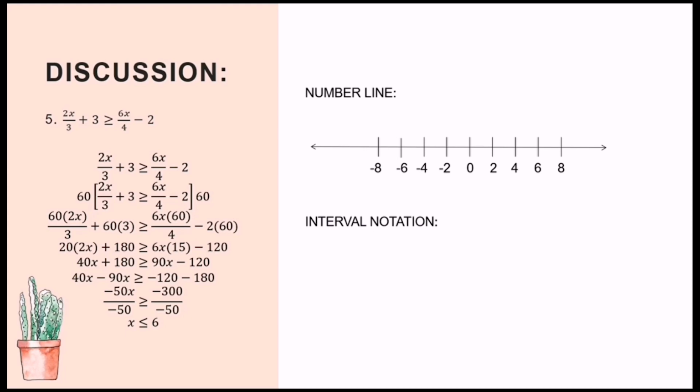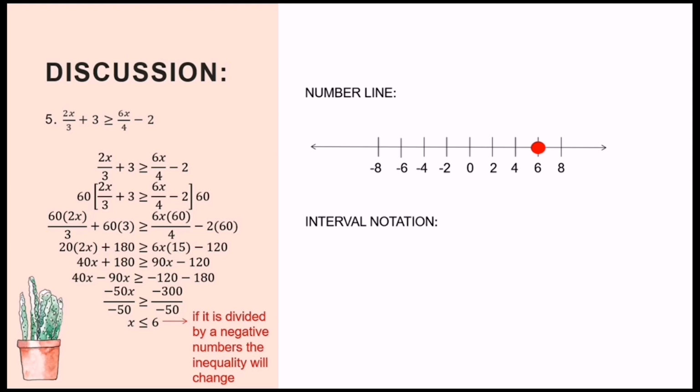Then we will now have our graph. So our inequality is x is less than or equal to 6. So first locate 6 and then notice that it is less than or equal to. So it means the circle must be shaded and it is part of the solution.